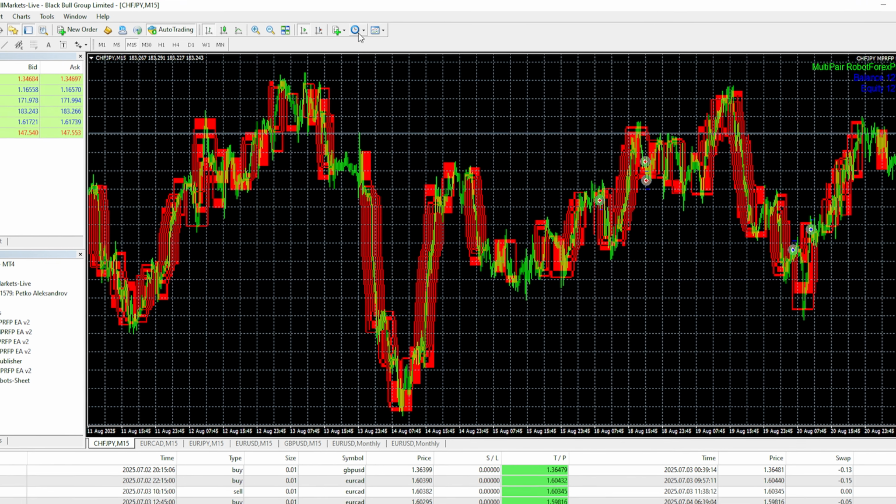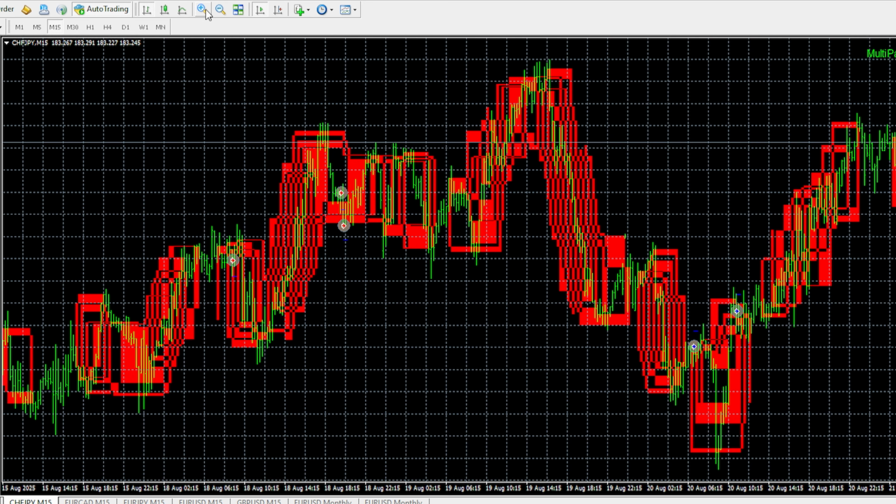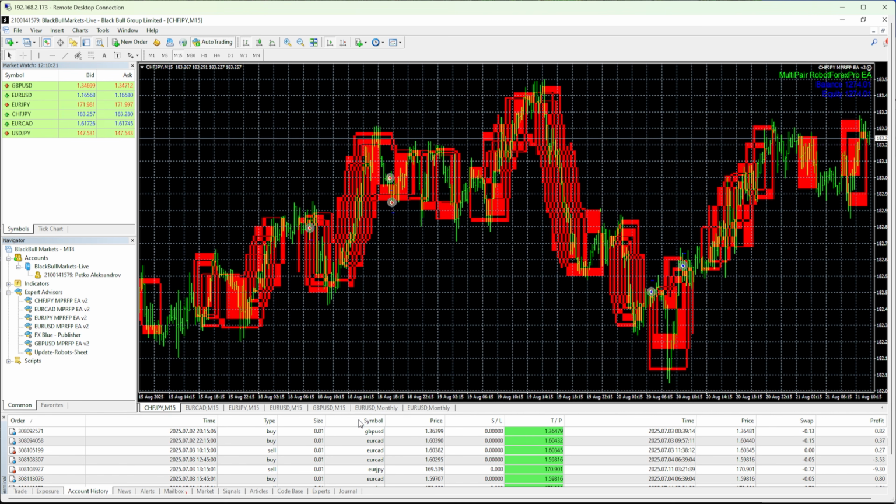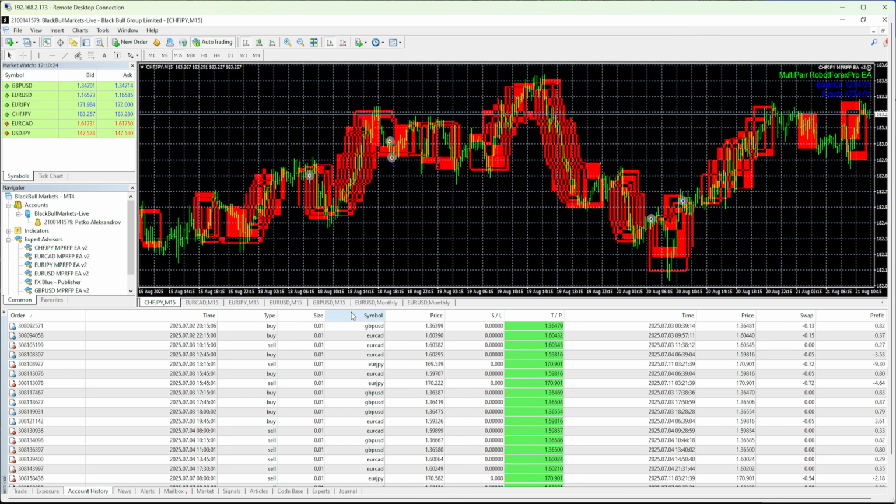But if we look at the screen, because of the indicator that it places over the chart, it is a little bit hard to see where the trades open and closed. Here I can see 3 short trades, here I can see 2 long trades, but the most important thing is the account history.